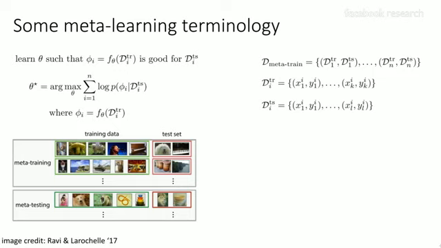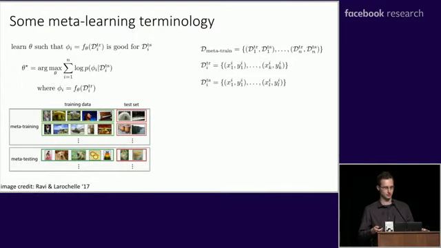That meta-training phase trains on a collection of data sets, each of which is separated into a training set and a test set. When we say training set, we mean that small few-shot set for a particular task. When we say test set, we mean the corresponding test images. When we say meta-training, we mean the whole set of tasks. So meta-training consists of multiple tasks, each one with a training set and a test set. And meta-testing is what happens once you're done meta-training and you want to adapt to a training set for a new task.